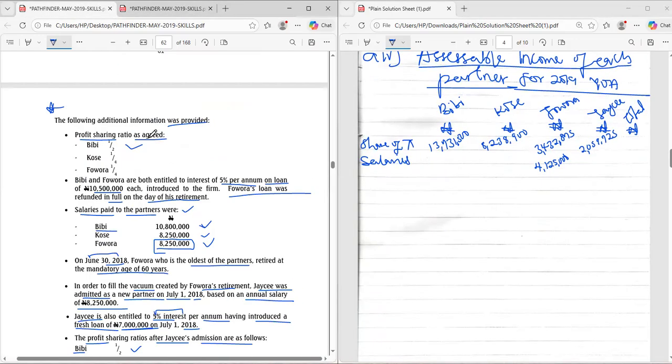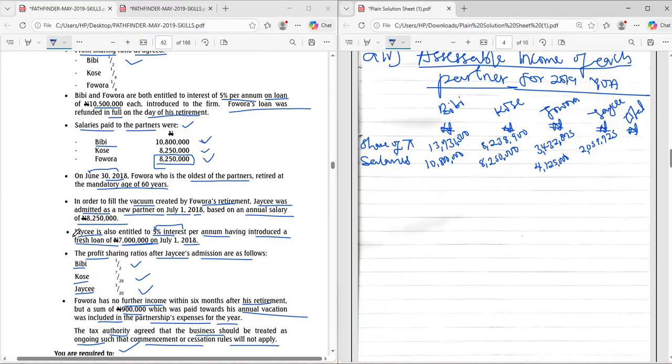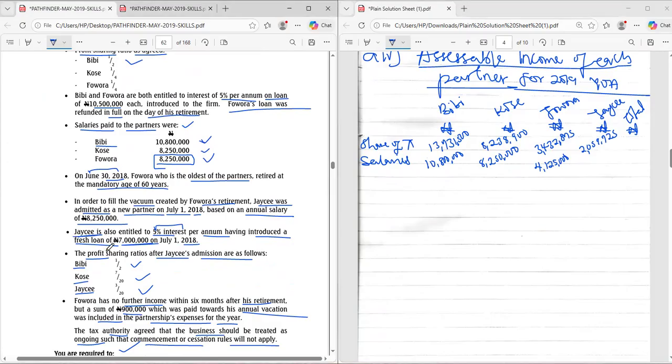Let's check the salary. Salaries paid to the partners were for BC to be 10 million. BC will go with the whole salary. BC is still part of the partnership till the end. Then Kosho will go with the whole salary too. 8,250,000. But JC has an annual salary of 8,250,000.